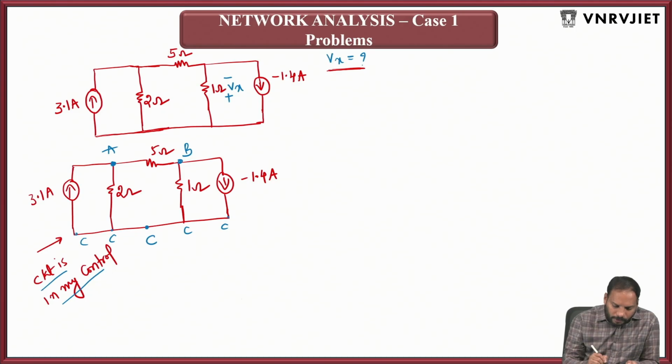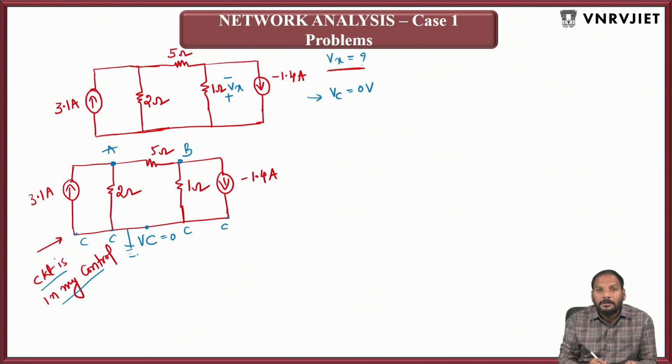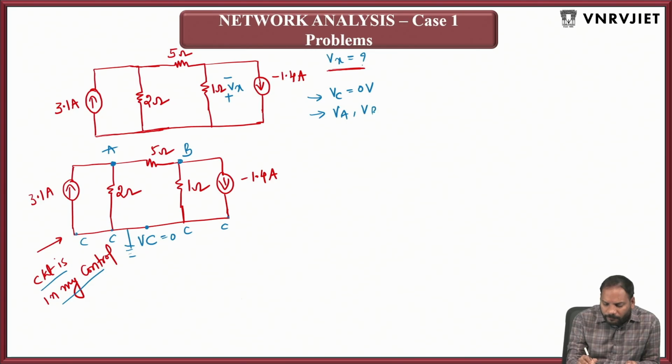Now after getting these nodes, one node you must take as ground. So the node Vc you consider as 0 volts, which is the reference node. I'm making it ground. Now let us consider the potentials at the nodes A and B as Va comma Vb.